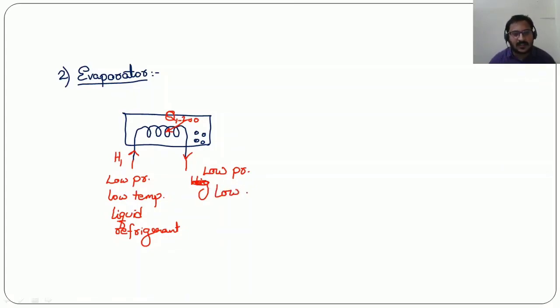For this instant, let us say at low temperature only the vapor refrigerant is coming out. So low pressure, low temperature liquid refrigerant enters into this evaporator, absorbs heat from the products that are to be cooled, and as a result of that it comes out as low pressure, low temperature vapor refrigerant. This vapor will have little higher enthalpy compared to that of the initial enthalpy with which refrigerant is entering.